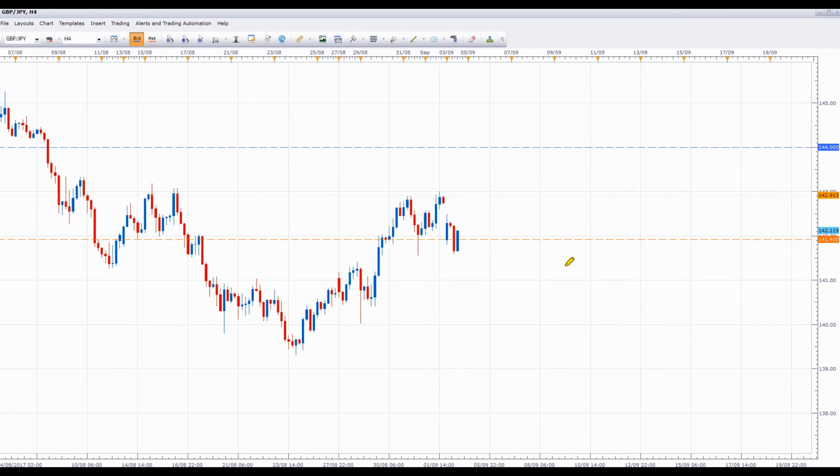We have a target here at the 144.00 level on the pound yen. So a very straightforward corrective pattern. If we start to get a breakdown below the corrective pattern over here, it could be on for a new leg to the downside, so just bear that in mind.